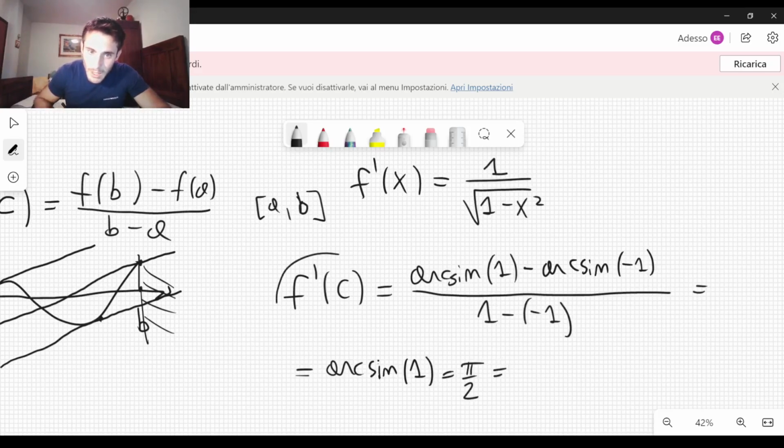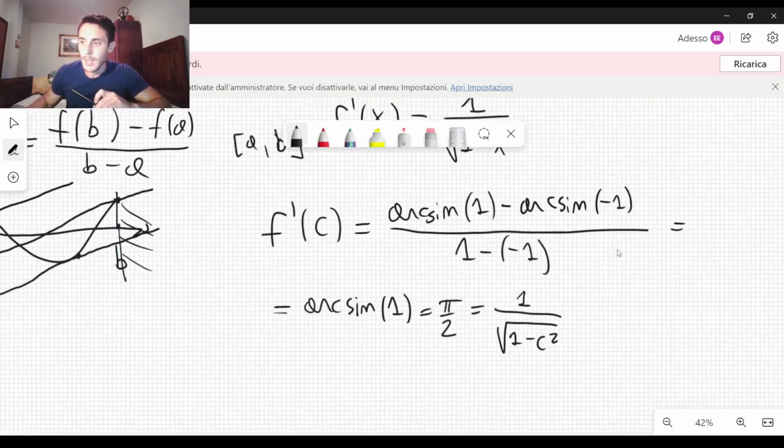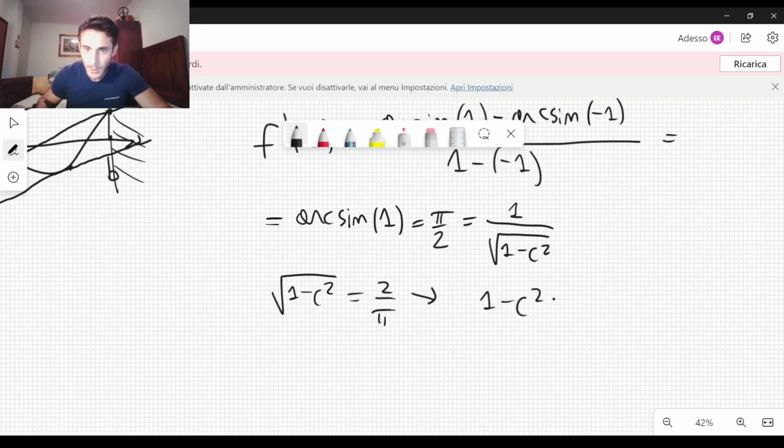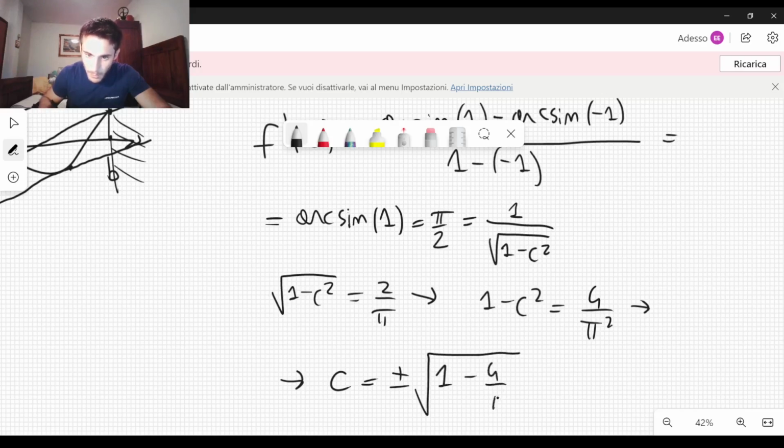This will also be equal to f prime of c. So this will be equal to 1 over the square root of 1 minus c squared. And now it's trivial, because we know that the square root of 1 minus c squared is equal to 2 over pi. And therefore, from here we get 1 minus c squared equal to 4 over pi squared. And then we will get c equal to plus or minus the square root of 1 minus 4 over pi squared.